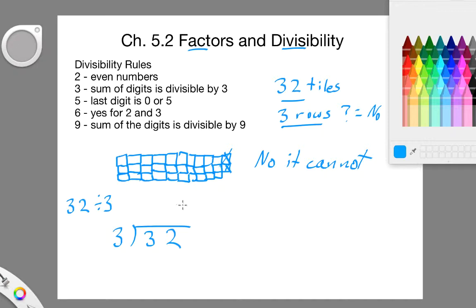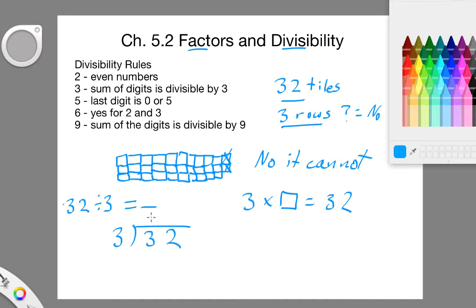The other way to look at it is a multiplication problem. 32 divided by 3 equals something. That means that 3 times some blank is going to equal 32. So we want to check that out. Does 3 go into 32? Is it divisible?